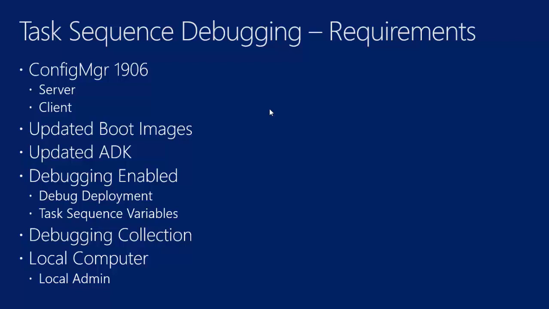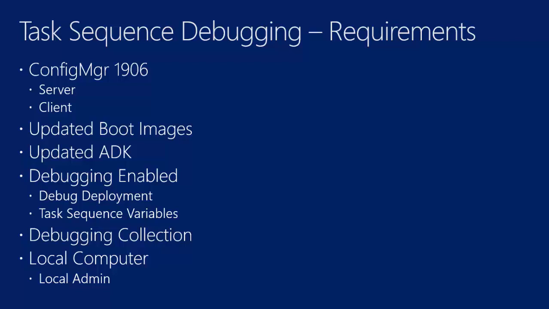Always a good idea. Debugging enabled. There are a couple of ways to actually go about enabling debugging in a task sequence. The first is to do a debug deployment. That's how I've done it in the demos that are coming up. The other is just to use task sequence variables. There are a couple of task sequence variables that you can leverage to switch on debugging.